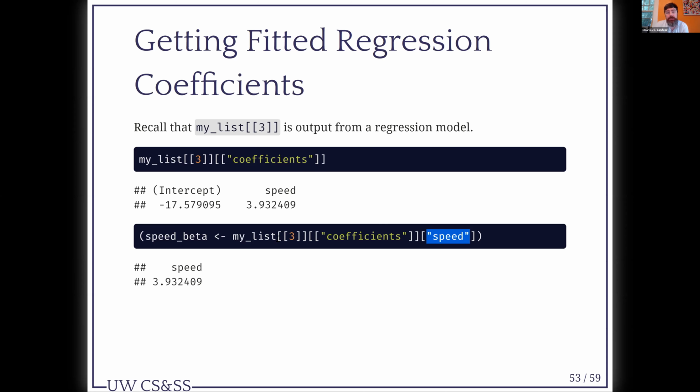What I'm doing here is going to my list, its third element, an element of that named coefficients, and then this whole thing, which is what I display up here, is a vector. I can subset a vector by name just like this. So I'm getting the thing named speed, which is the number 3.932409.